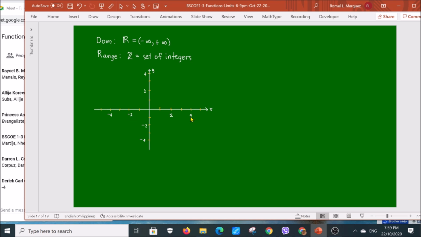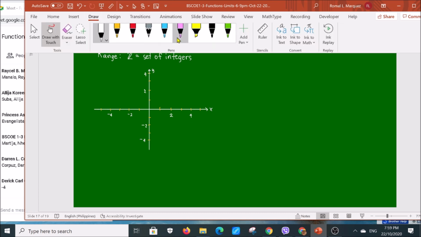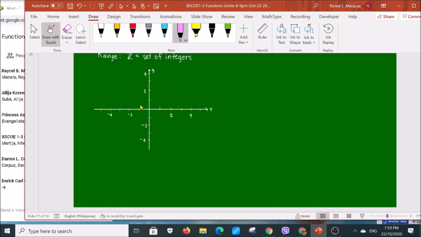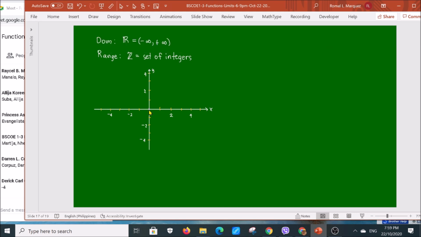Okay. So let's now use this pink. When x is between negative 1 and 1, remember our function is the greatest integer, no? If x is 0, what's the value? 0. If x is 1, what's the value of the greatest integer?